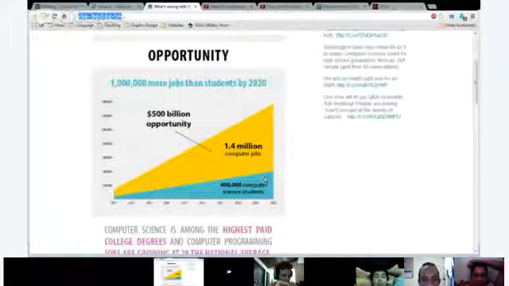So think about that: 400,000 students, 1.4 million jobs. That is a lot of jobs. A lot of jobs will be left unfilled because not enough people will know how to write a language or build software or build a computer or whatever. I thought that was interesting.